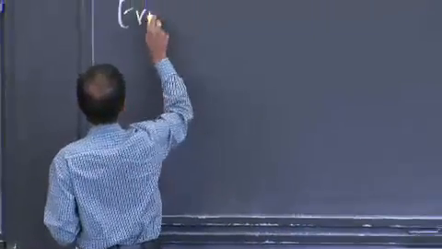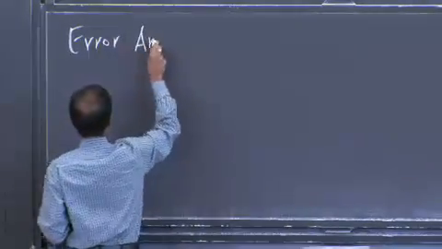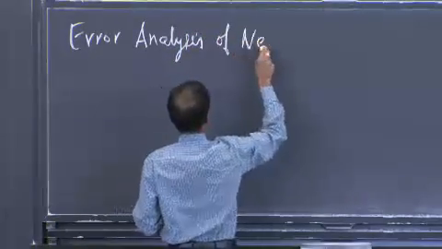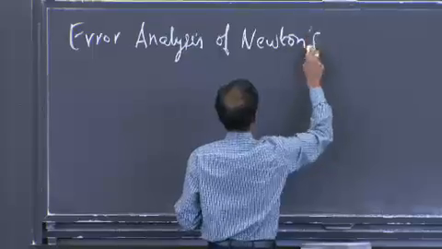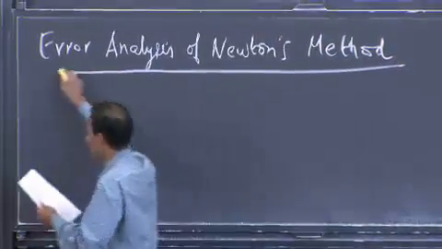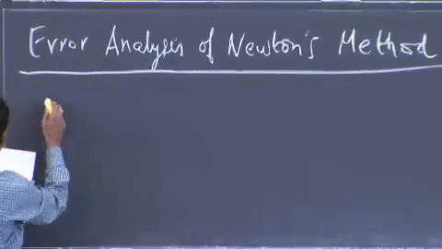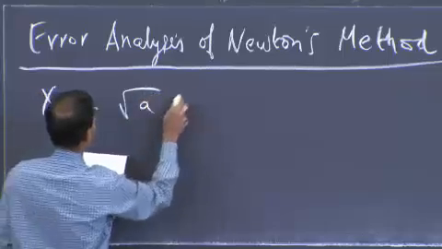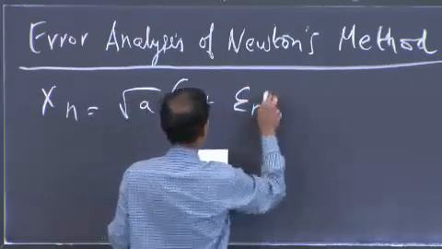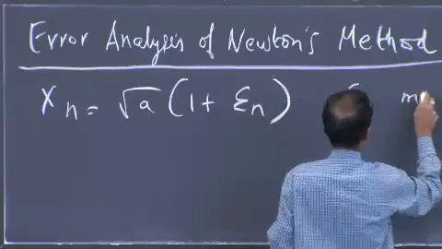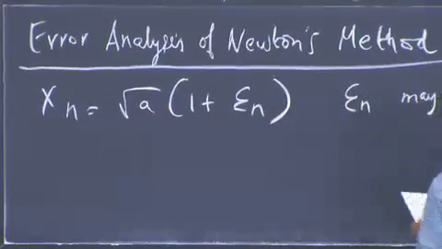So you can think of this as doing an error analysis of Newton's method. And let's say that x_n equals square root of a times (1 plus epsilon_n), where epsilon may be positive or negative.